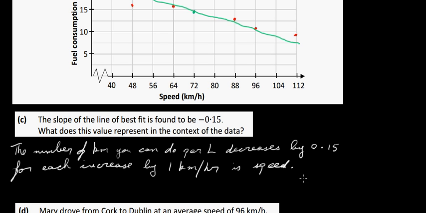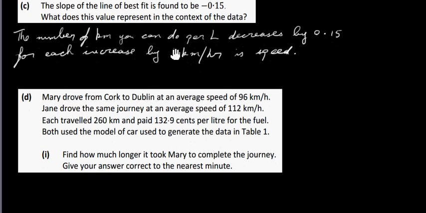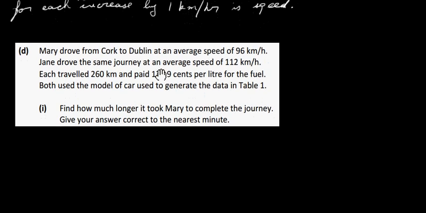Might be a nicer way of writing that, but you can write it in reverse as well. You can say that for every 1 kilometer per hour increase in speed you do, you're going to decrease the number of kilometers you can do for each litre of fuel used. Okay, so that's your slope.